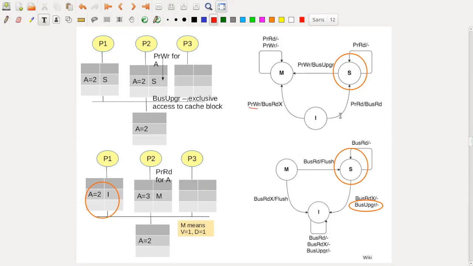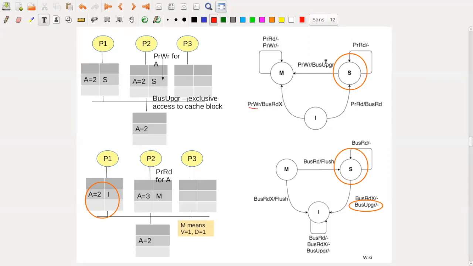So if I do reads, I'm going to be in the shared state. Or if I am currently in the modified state and I do a read, I'm going to keep continuing in that state. So basically, if the cache block is going to change to modified state, it's always when you do a write to that cache line.